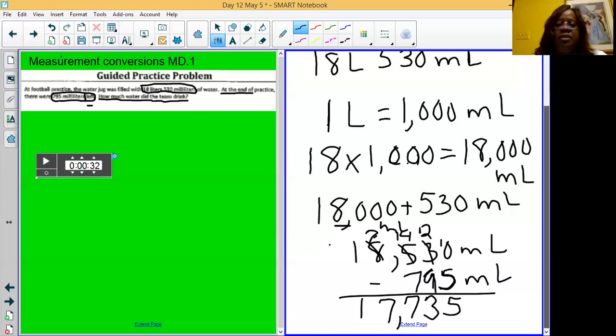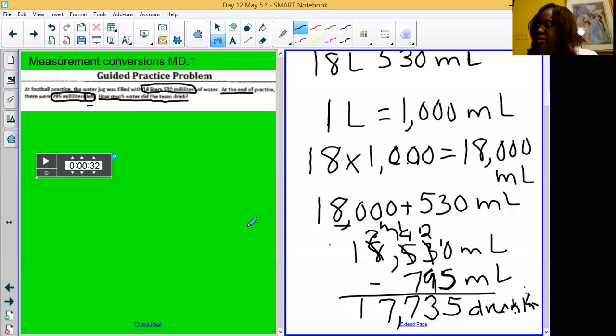The team drank 17,735 milliliters. This is what they drank. So that should be my final answer. Okay, so that's my final answer.